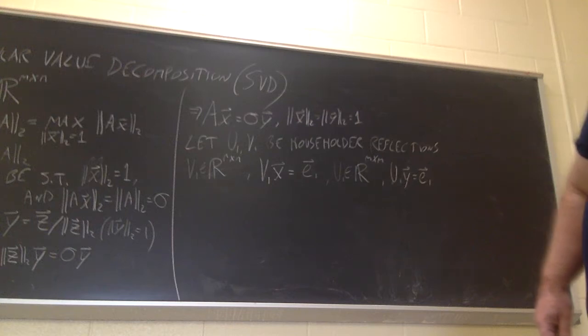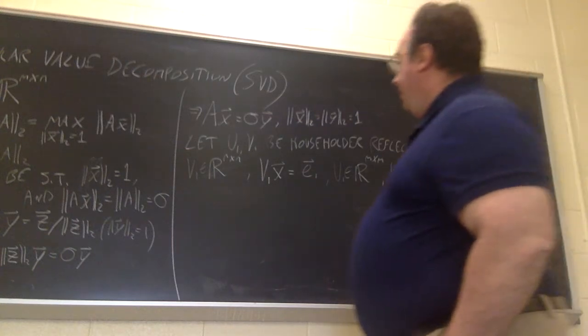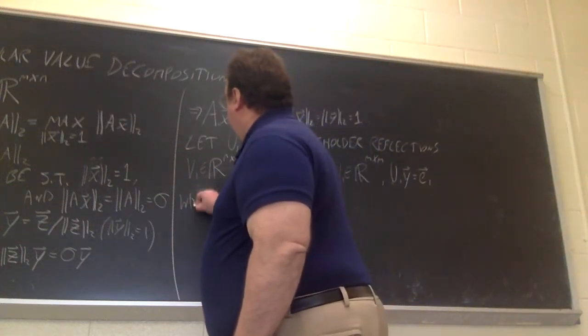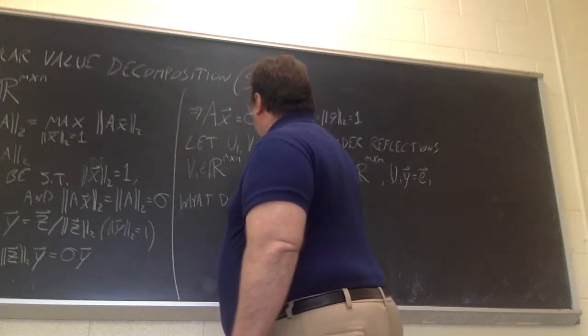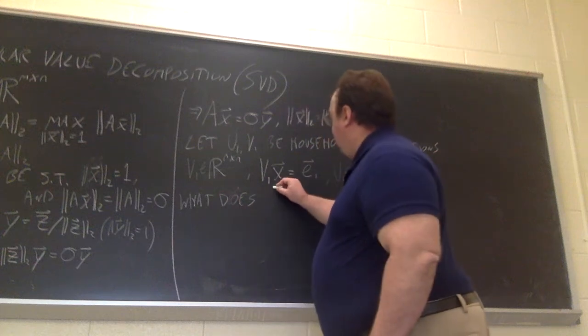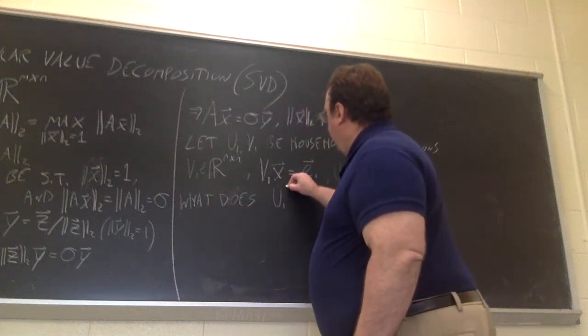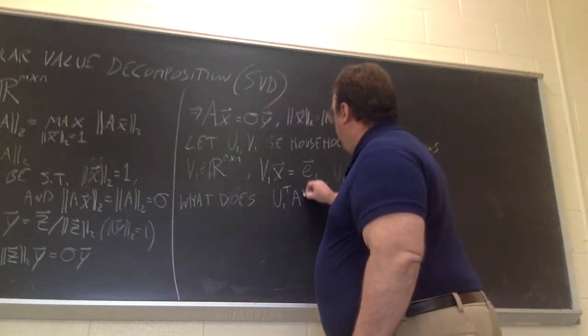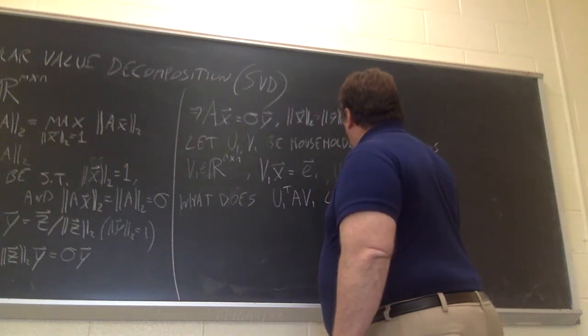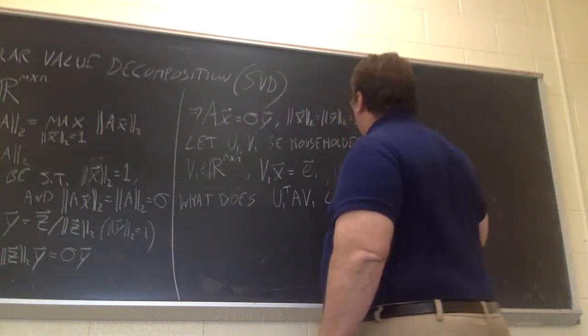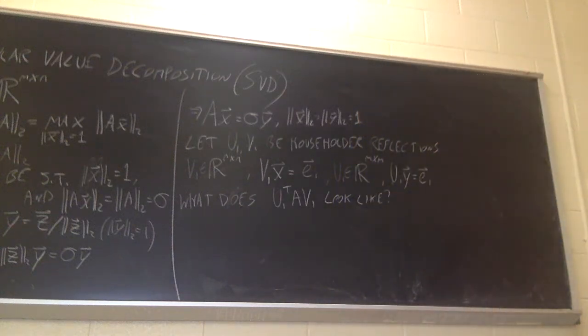Now, what I want to look at is what does this matrix, U1 transpose A V1, look like? What structure does it have?